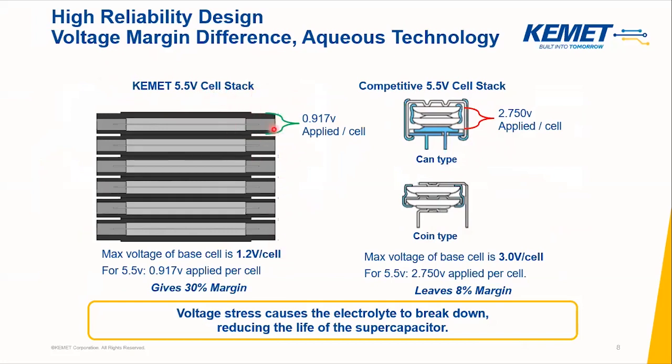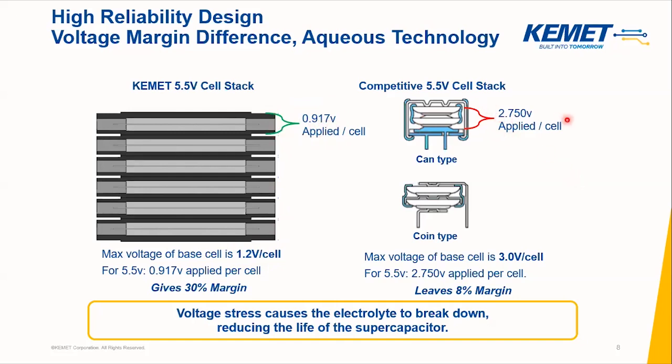For example, here, 6 different cells are used. Each cell is designed for a maximum voltage of 1.2 volts, but considering the 5.5 volt rating, 0.917 volt is applied to each cell.